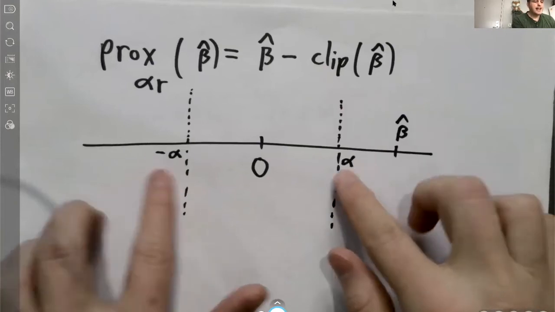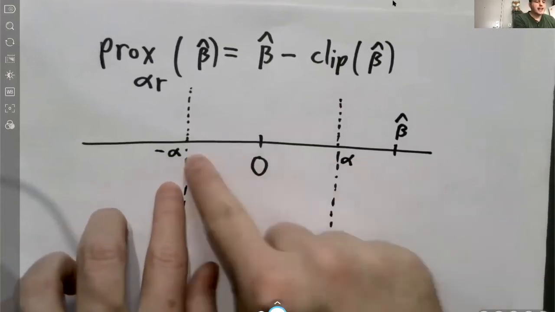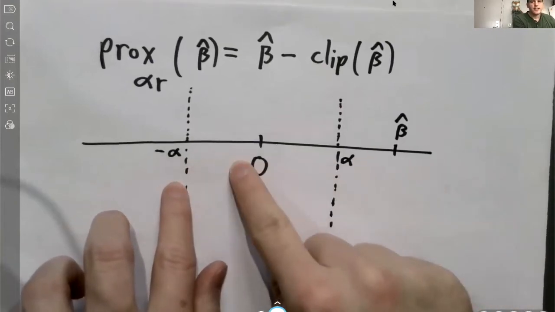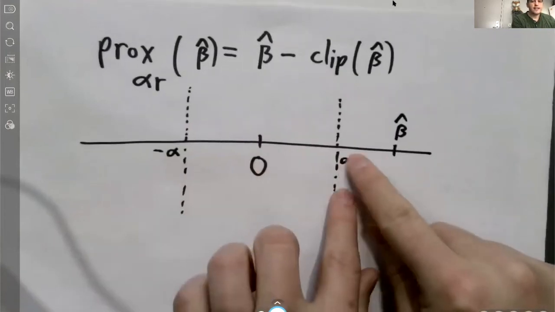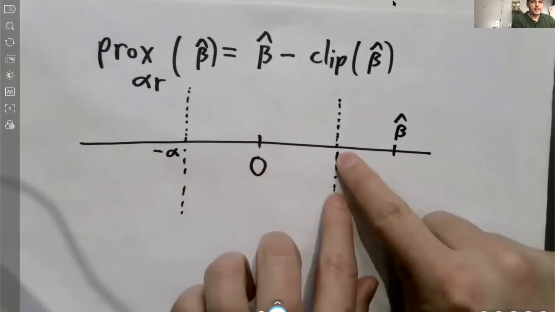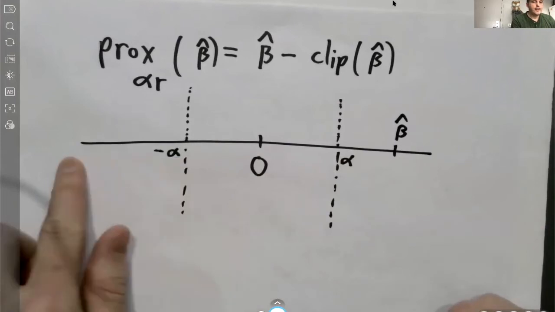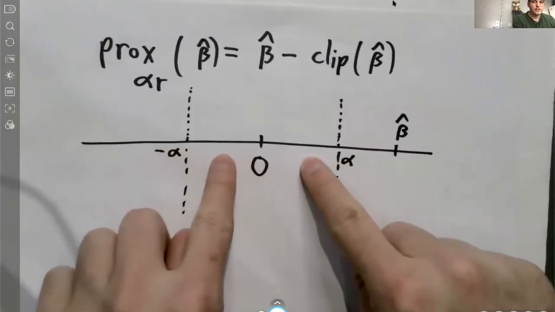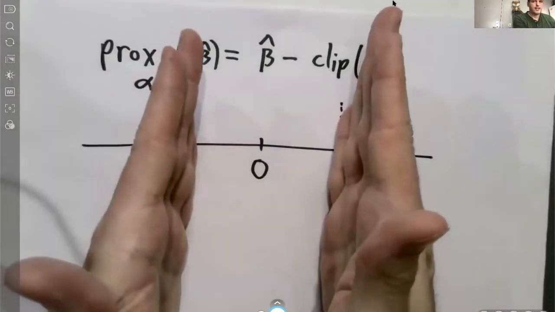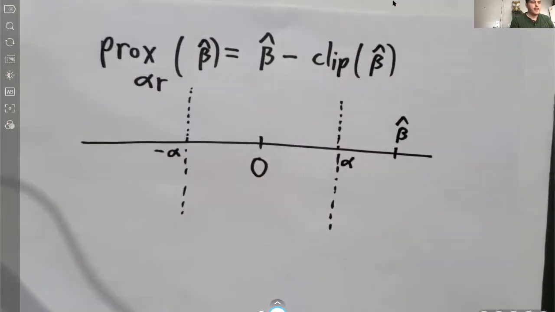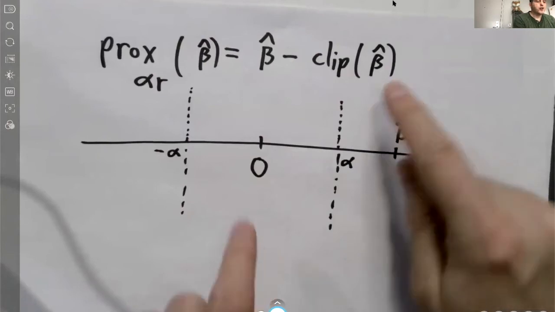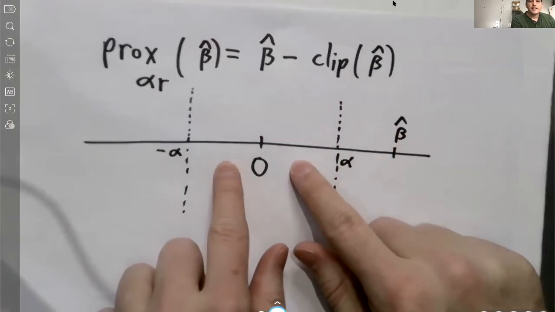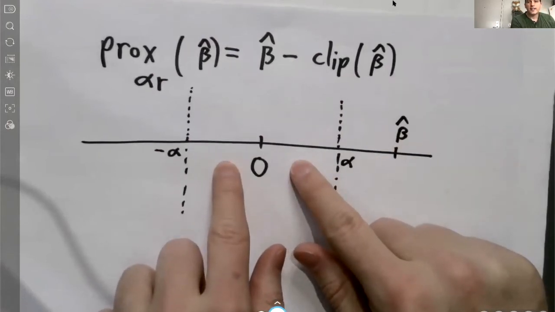So everything that's outside of this range gets clipped. Everything out here gets clipped down to here. Everything out here gets clipped to here. It's the clip function. And if beta hat is already inside this range, then the clip function doesn't change anything.